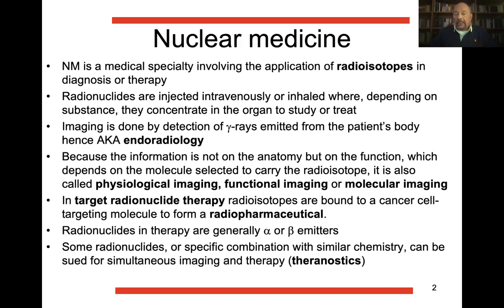Generally, radionuclides were, for many years, essentially beta emitters. But these days, you also have more and more alpha emitters in the market that are very difficult to produce. We will discuss it. Some radionuclides or specific combinations with similar chemistry can be used for simultaneous imaging and therapy, and this is called theranostics.